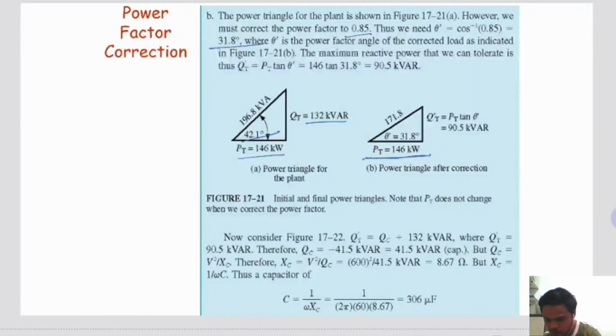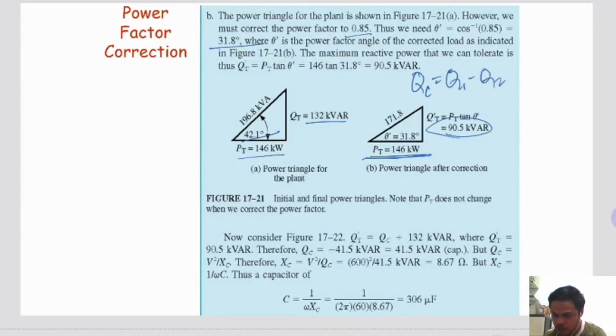Always remember that power is constant in a power triangle. So therefore, we can solve for the new reactive power. Okay, and from this new reactive power, we can solve for the QC. QC is the difference, the initial Q1 minus your Q2.